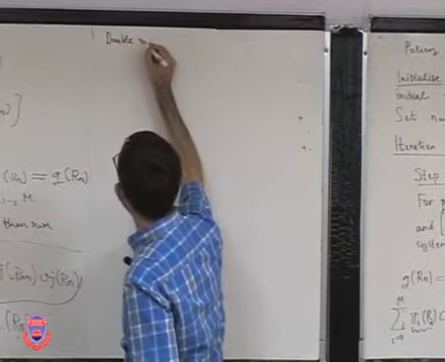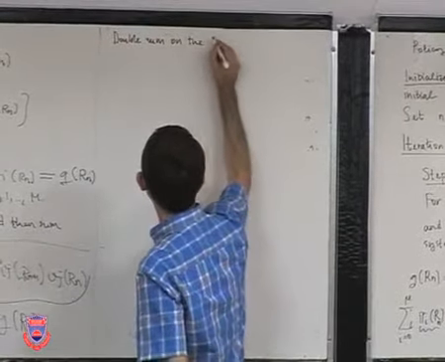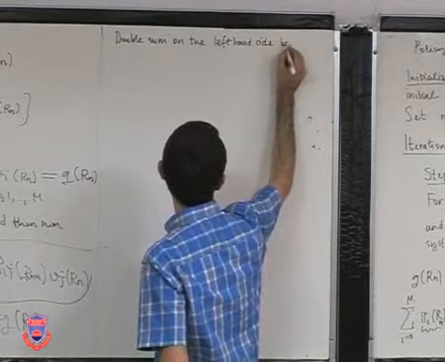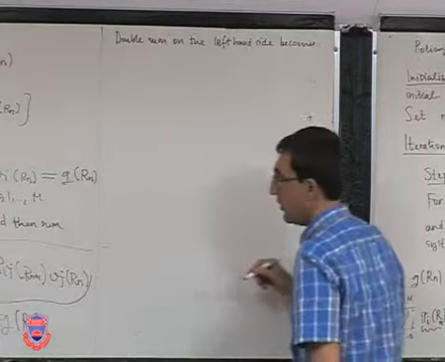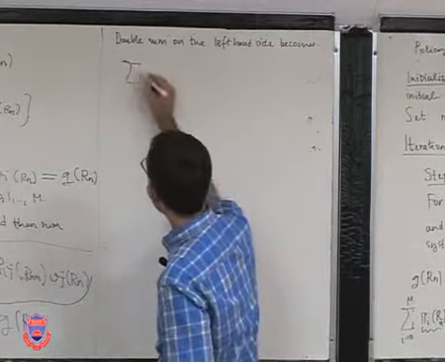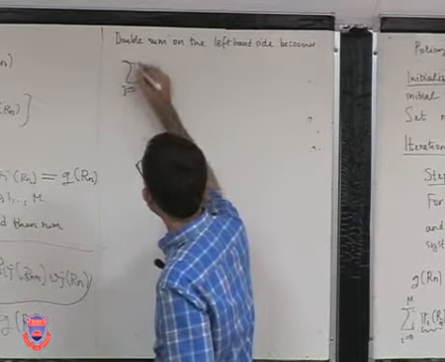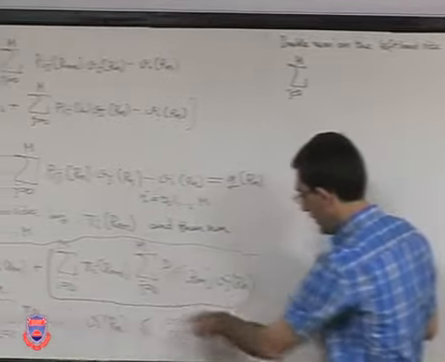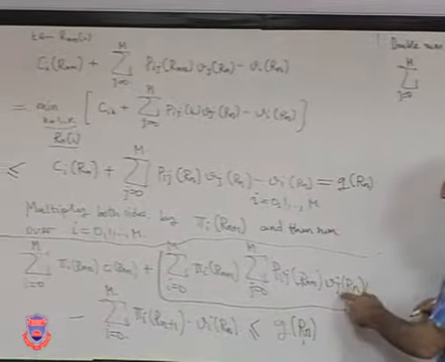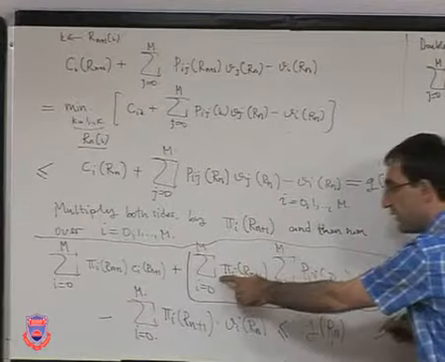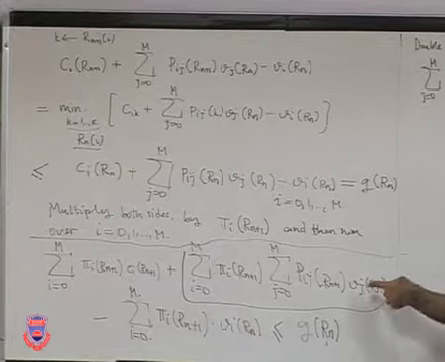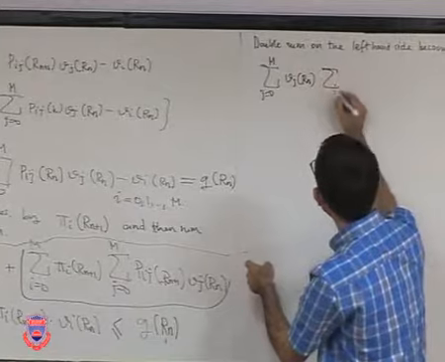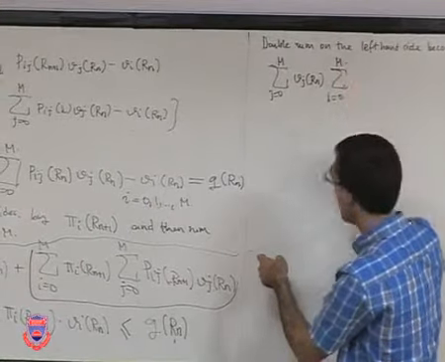So the double sum on the left hand side becomes what? After we interchange the order of summation, first I sum over j, as j changes from 0 to m. Well, Vj of Rn we can take outside, just before the next sum, because it doesn't depend on I. So I can just write Vj of Rn first, and then sum over I as I changes from 0 to m.